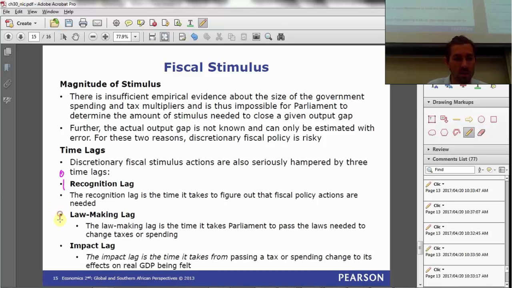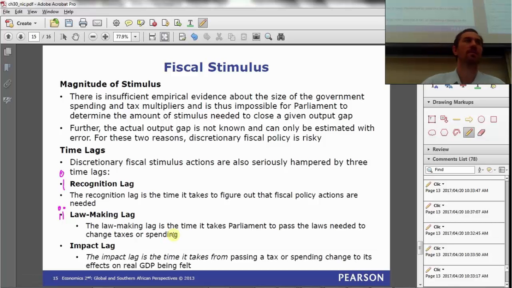Then, once you understand that there's a problem, it takes time to say, right, we want to change our policy, okay? Which means we might need to change laws. We need to get member budgets and things approved by Parliament, for example, right? So there's a lawmaking lag. The lawmaking lag is the time it takes for Parliament to pass the laws needed to change taxes or spending.